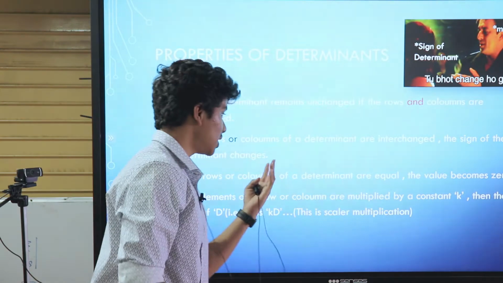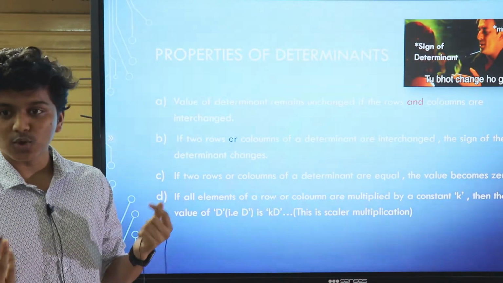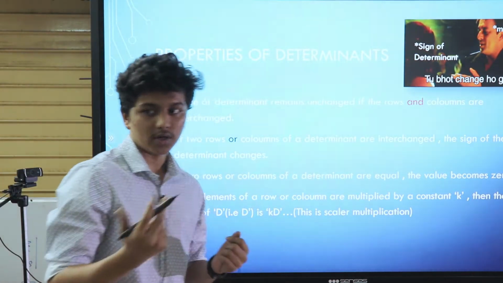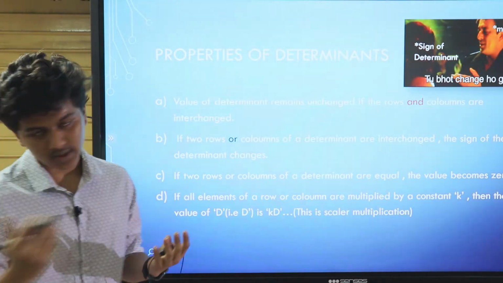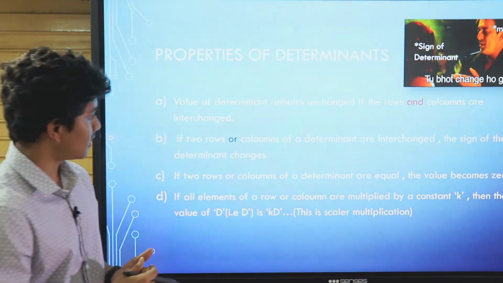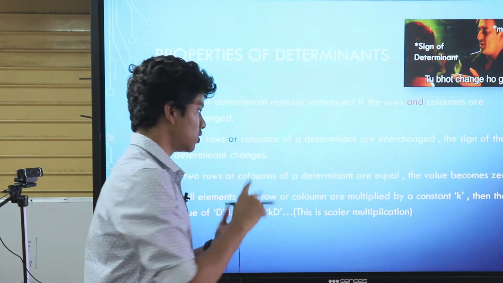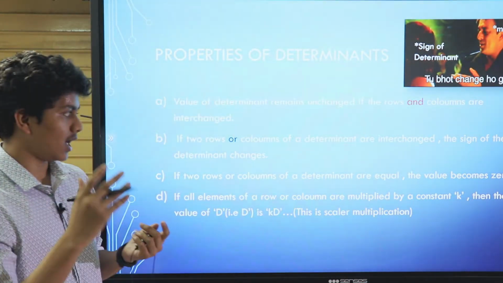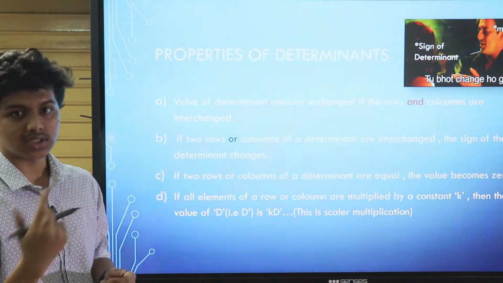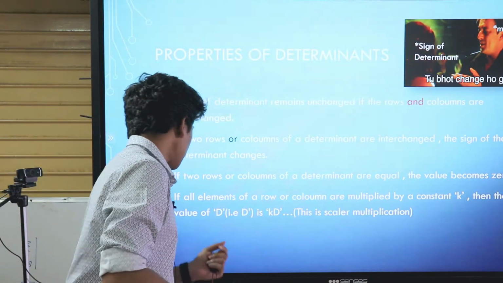If 2 rows or columns of a determinant are equal, any 2 rows, no matter the order, anything can be, 3/4, however big the matrix is, if any 2 rows or columns of the determinant are equal, then the value, the sum, product, everything becomes 0.